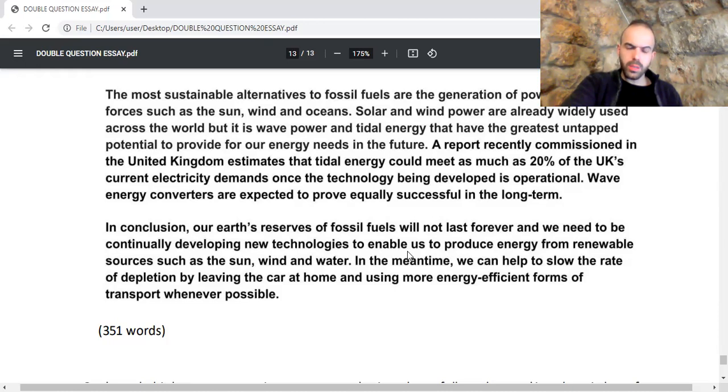But "in the meantime" is a conjunction word as well, and it's good to use in the conclusion as well. So as you can see, using some connecting adverbs or conjunction adverbs will link your sentences all together and will reduce the colloquial use of some sentences. Okay, so that's all.